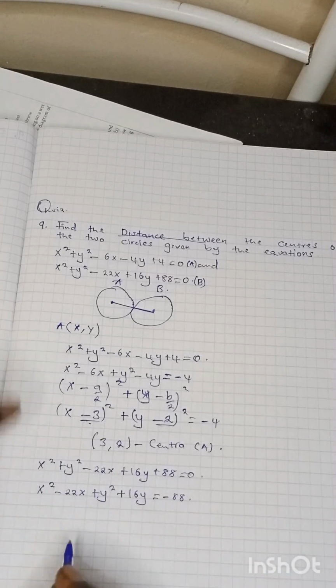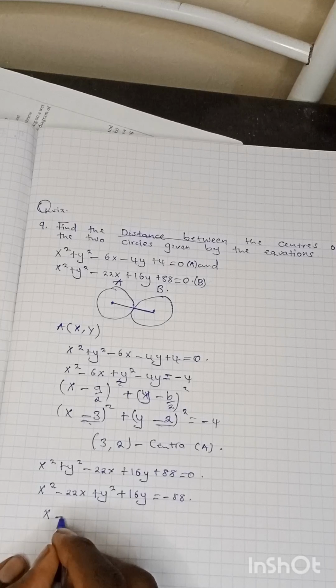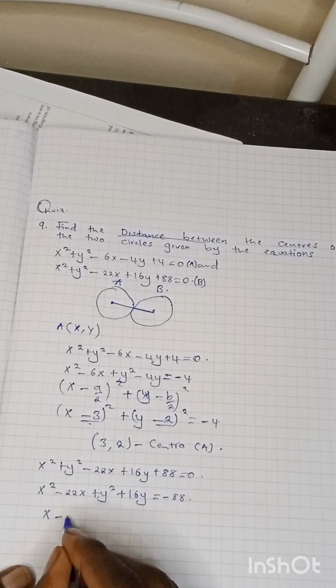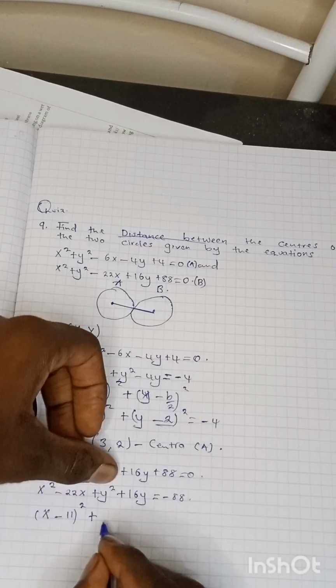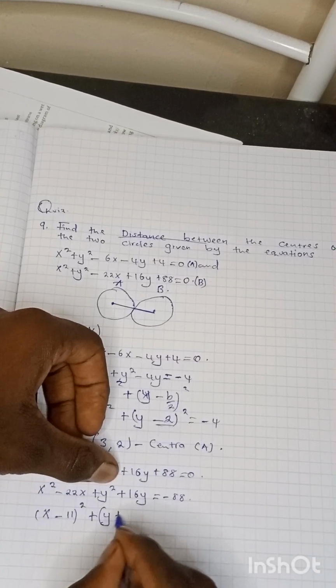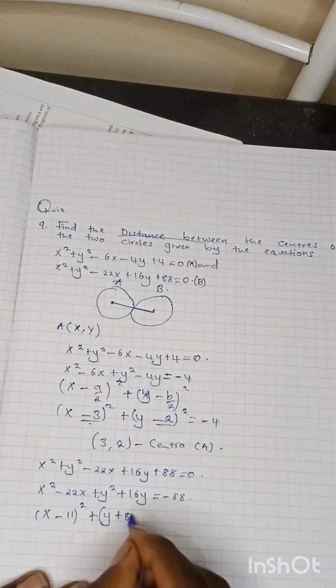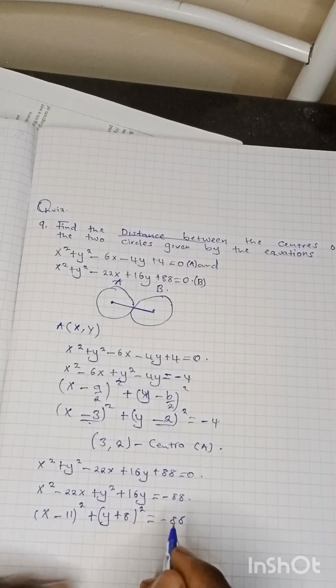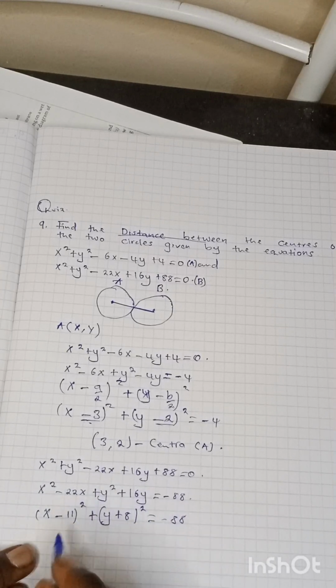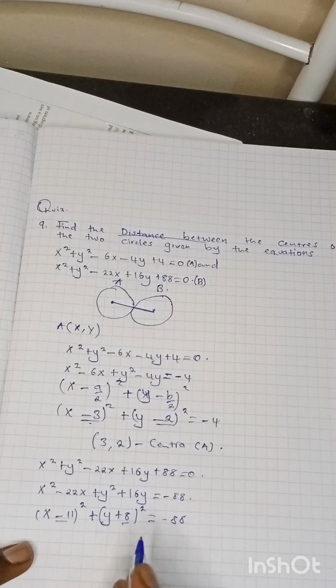Then the same here: x minus 22 divided by 2, that is 11, squared, plus y plus 16 divided by 2, that is 8, squared, equals negative 88. Now take these values, but remember you change the sign.